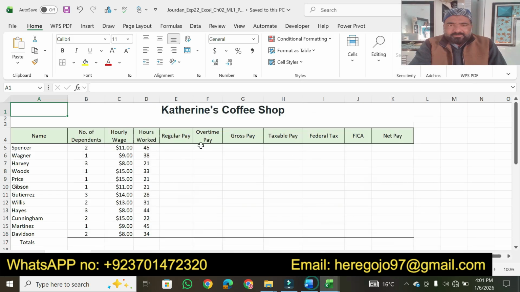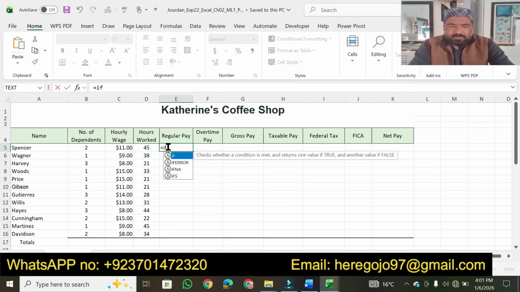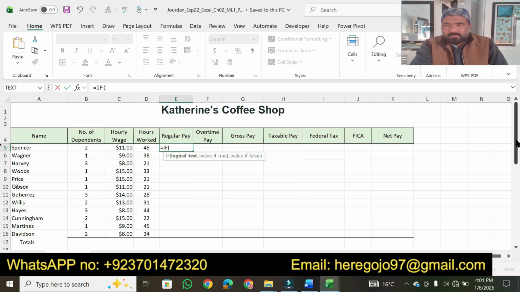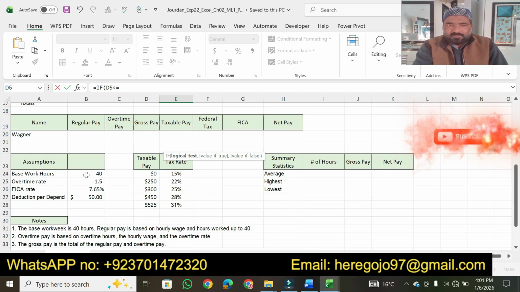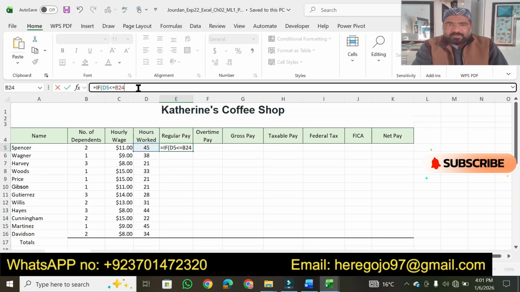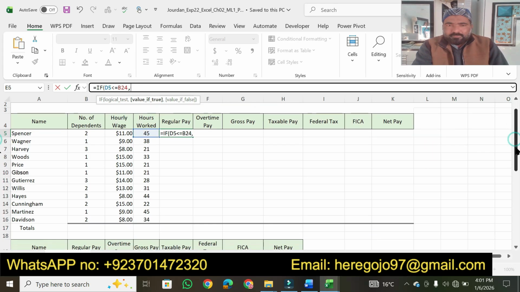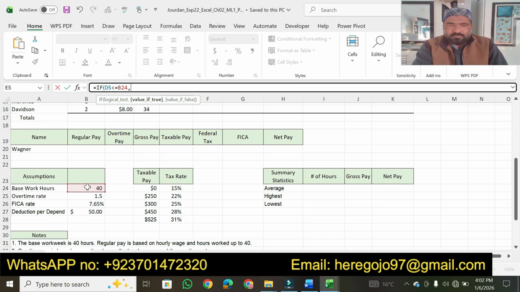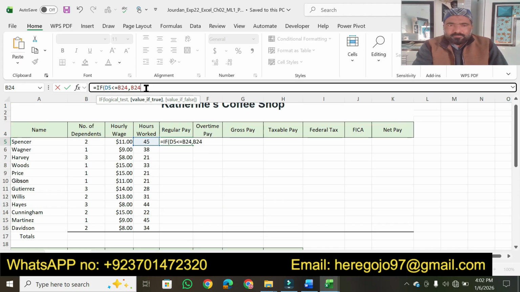Let me move toward the Excel sheet. Equal IF formula. Now we have to check whether our hours worked are less than or equal to the regular basic hours of work. If this condition is true, then we have to return B24.